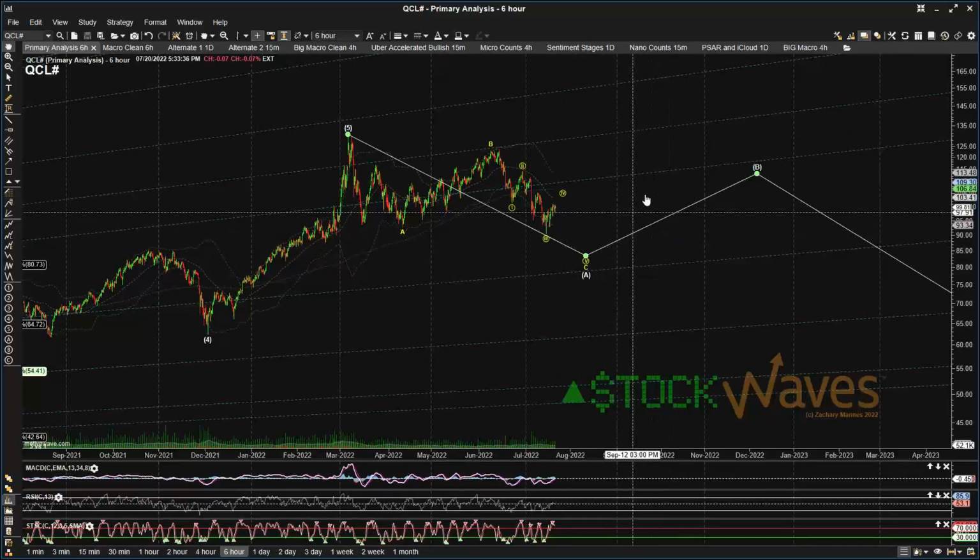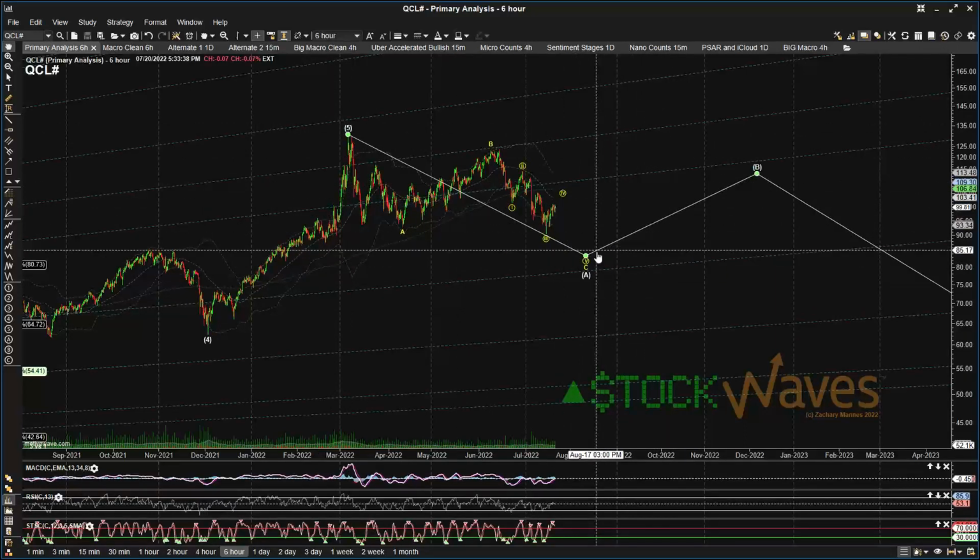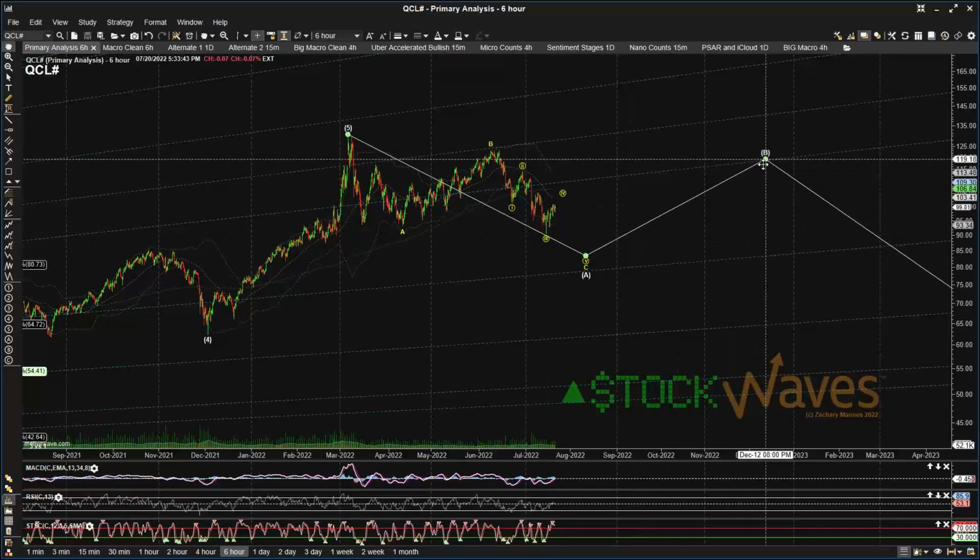And so if we get a clear 5 up, 3 down off of this completed C wave, then that can be much more bullish than just looking for a B wave.